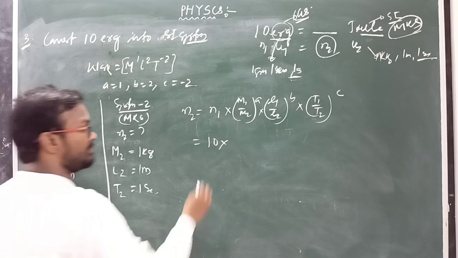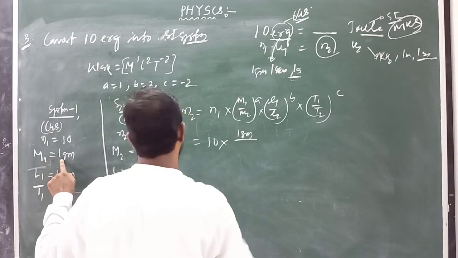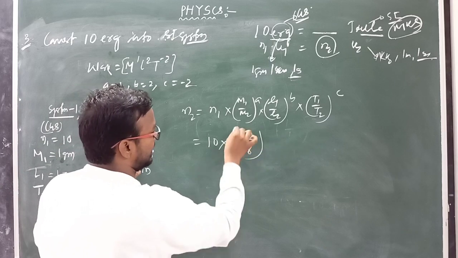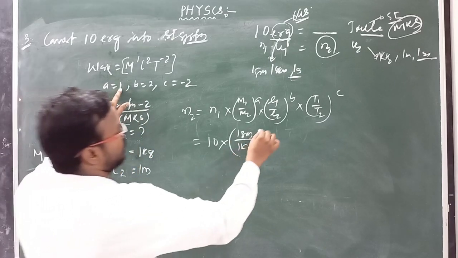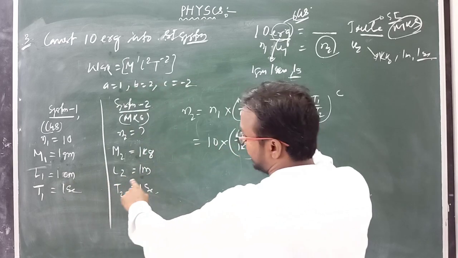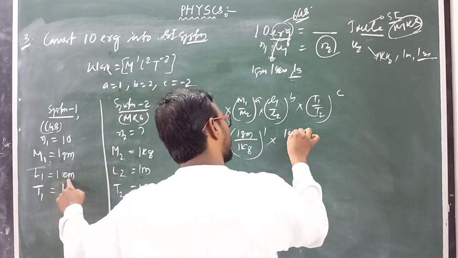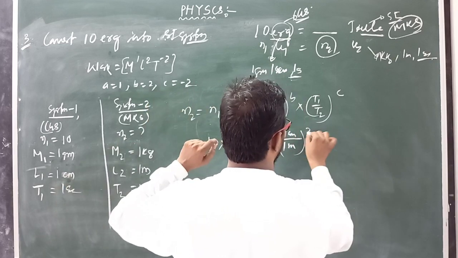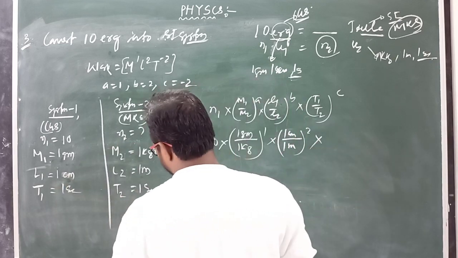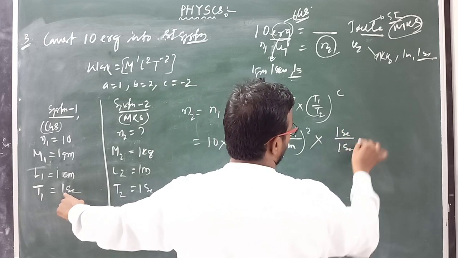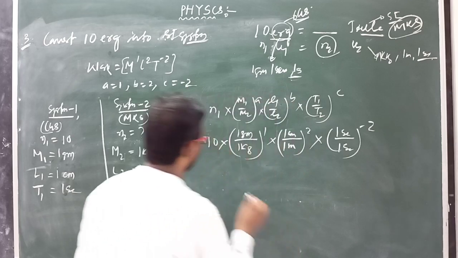M1 is 1 gram divided by M2 1 kg, power A equal to 1, and similarly L1 by L2, 1 centimeter divided by 1 meter, and power B is 2. Same way T1, 1 second divided by 1 second, and power minus 2.